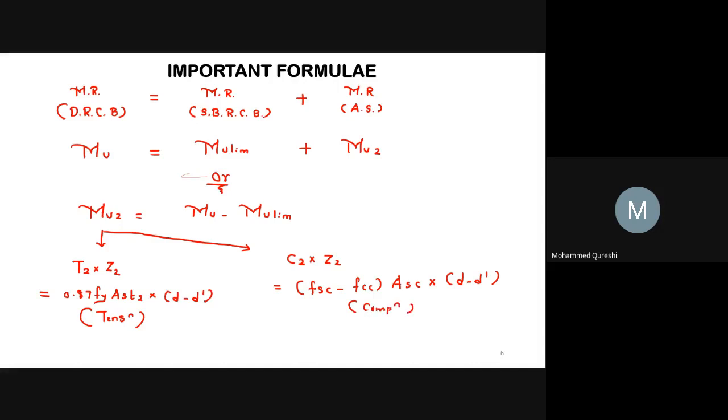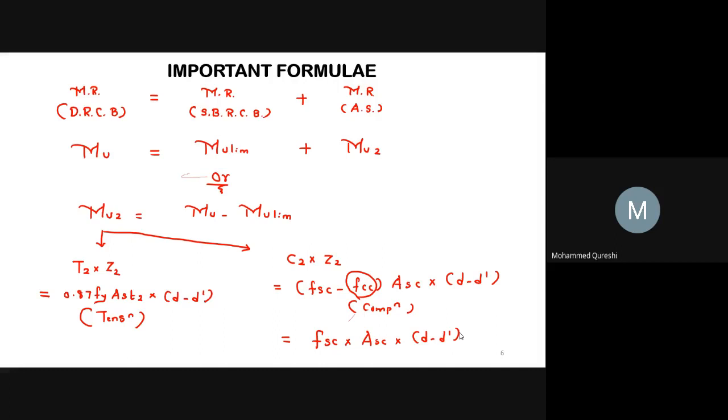Hence, if we neglect the value of Fcc as the compressive stress in concrete, we will get the value of Mu2 equals to Fsc into Asc into D minus D dash. As we had not provided concrete, hence we have to remove the area of concrete. Hence we are neglecting the value of Fcc, that is compressive stress in concrete.